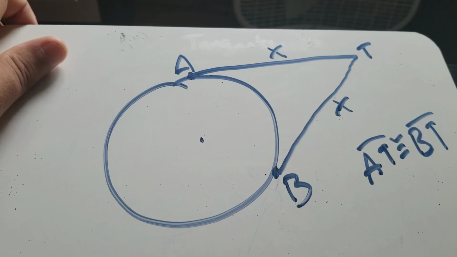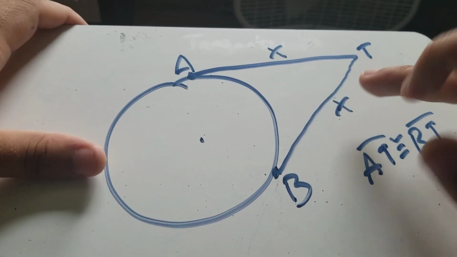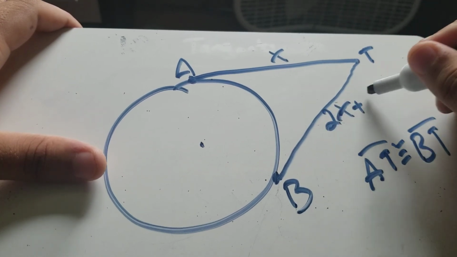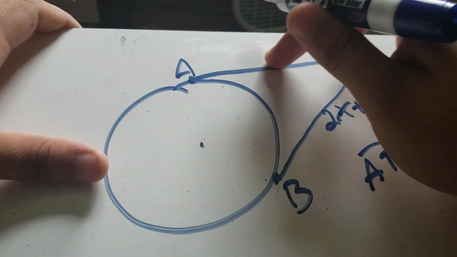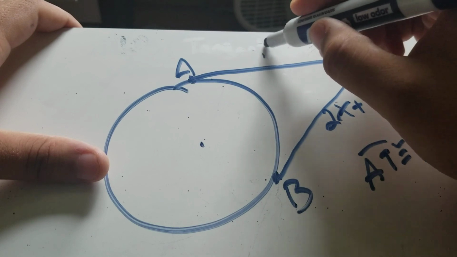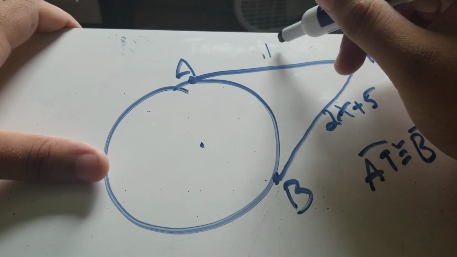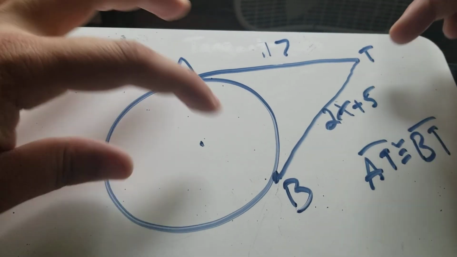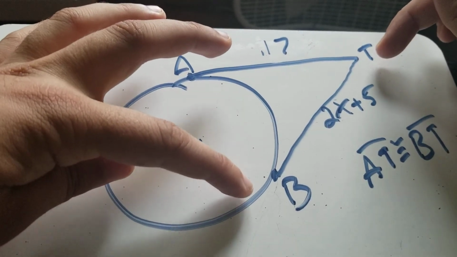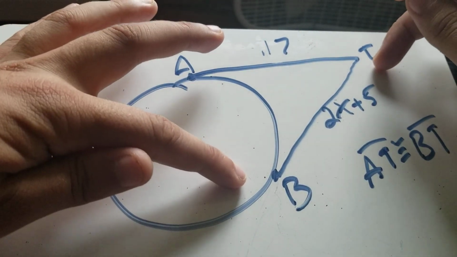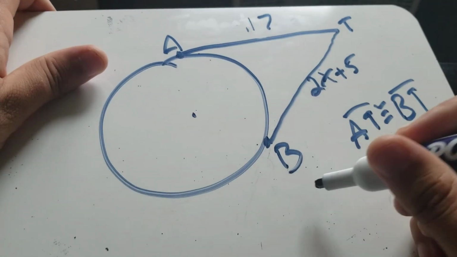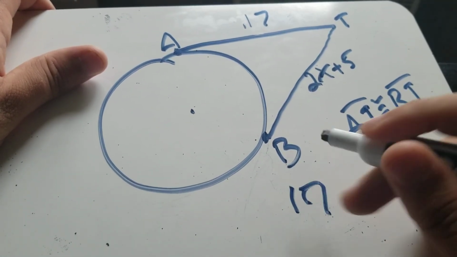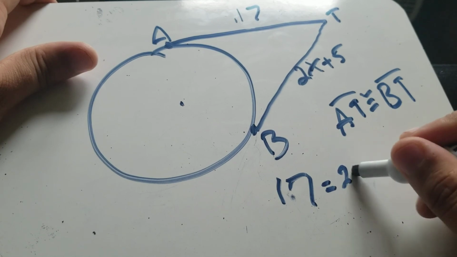So how do we use that information? Well, I could give you a quick example. 2x plus 5. Let's make this 17. So if I know AT is equal to BT, or two tangents are equal, then what that allows me to do is do 17 equals 2x plus 5.